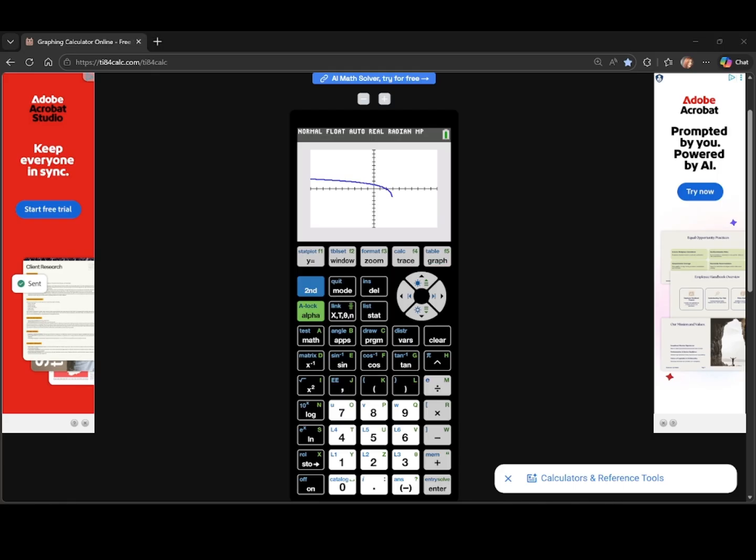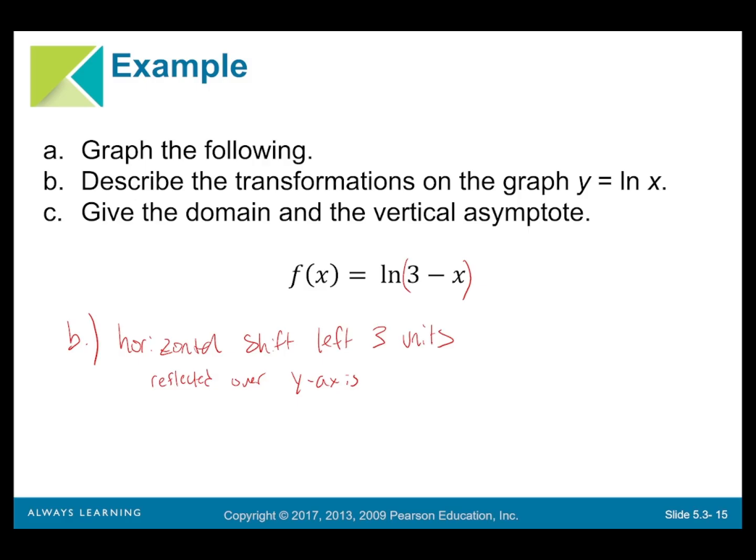Back to the slides now. So we saw the graph of it, and then the domain. Well, we saw that it was from negative infinity to 3, and we get that because we know 3 minus x must be positive, right? We can't plug a negative or a 0 into our function.